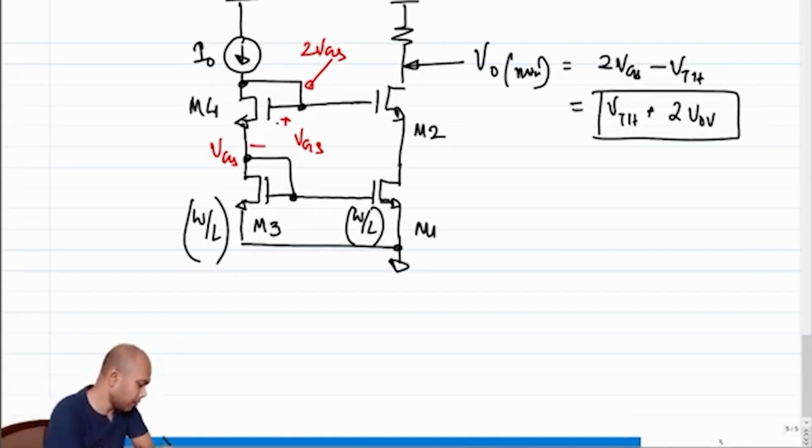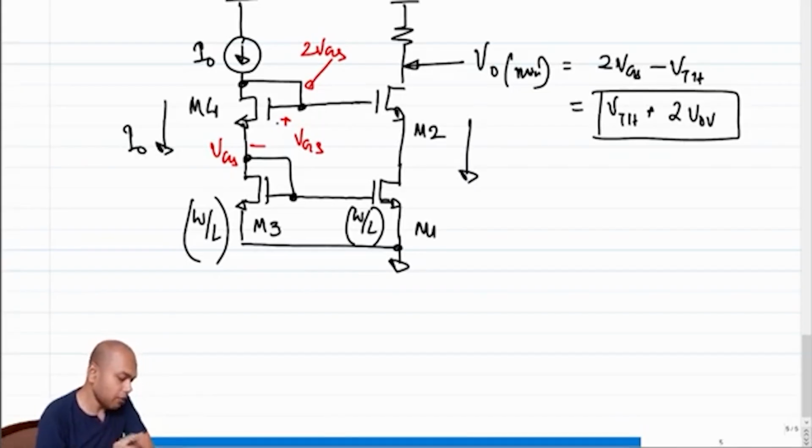So if the current in this branch is I0, what will be the current in this branch? When will these two currents be identical? These two currents will be identical only when the drain voltage of M1 is equal to the drain voltage of M3, right?